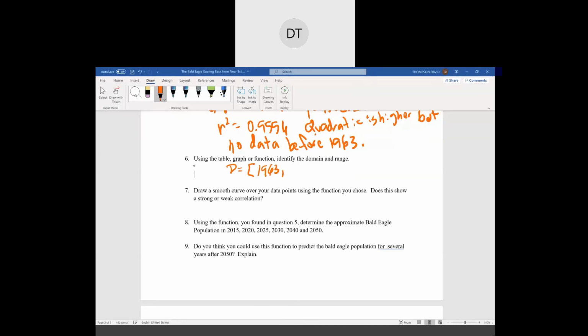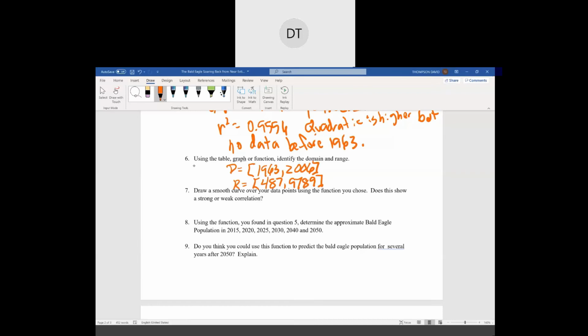And then our highest x value will be 2006. For our range, we'll use R. Our lowest y value is 487. And our highest y value will be 9789. And that covers our domain and range.